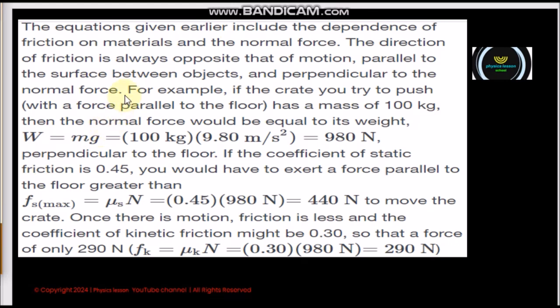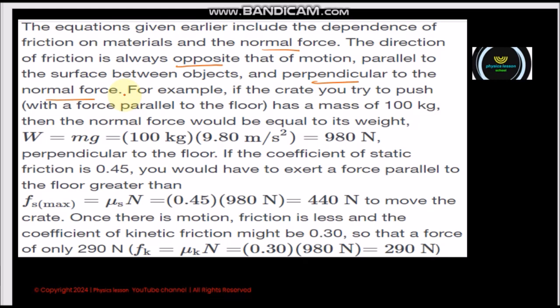The equations given earlier include the dependence of friction on materials and the normal force. The direction of friction is always opposite that of motion, parallel to the surface between objects, and perpendicular to the normal force.